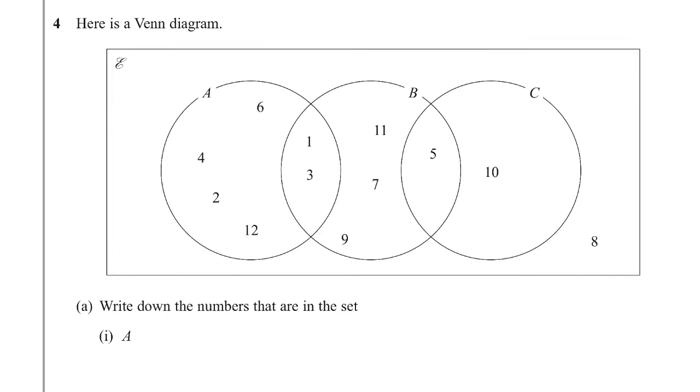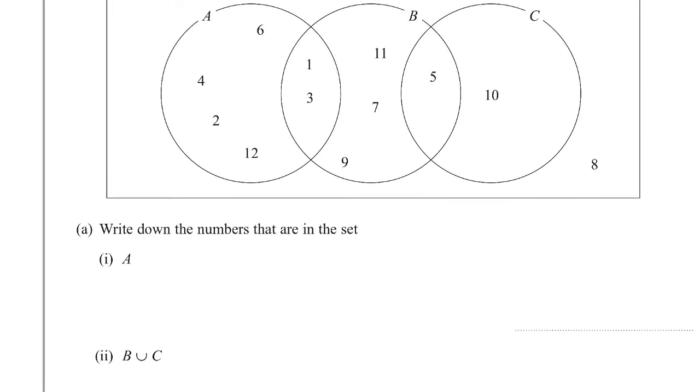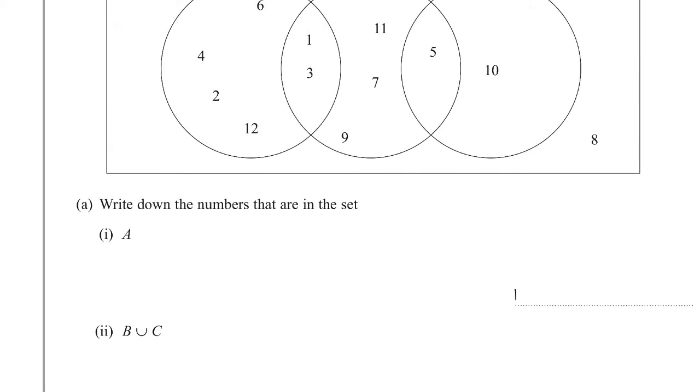In 4, we've got a Venn diagram with 3 circles. We need to write down the numbers that are in the set A. So in set A, we've got all of these. So we can simply say 1, 3, 12, 2, 4, 6.